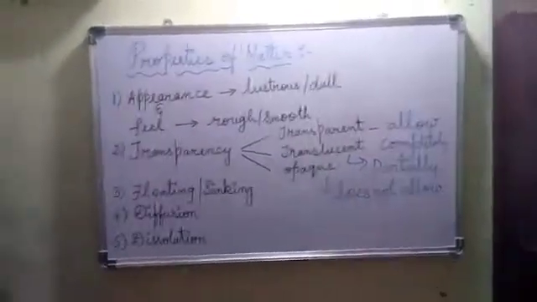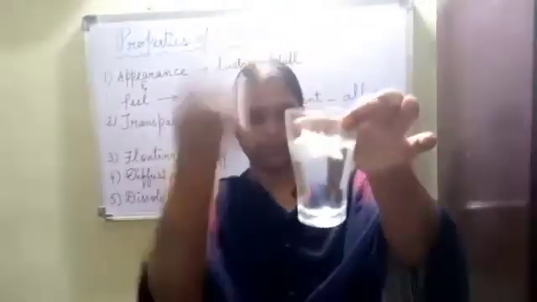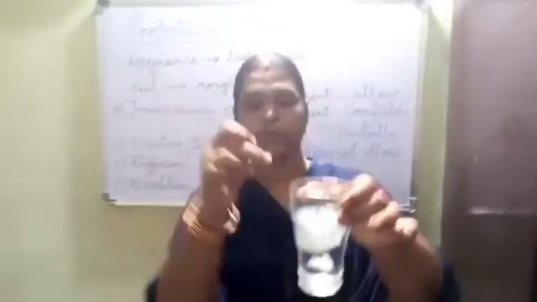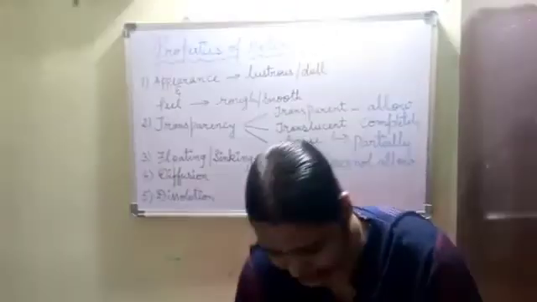Now let us go to the third property, floating or sinking. See children, in this glass I have put some pieces of paper. There are a few pieces of paper floating on the surface of water. Let me take one more glass of water, and in this glass I am putting the marbles. As soon as I put the marbles inside, you can see that the marbles went inside.